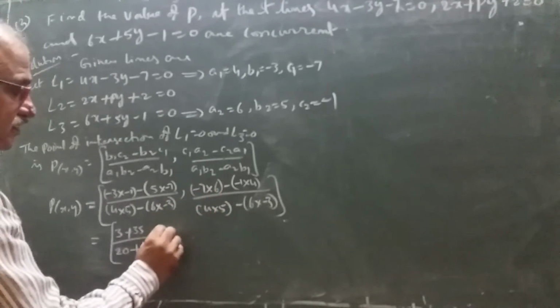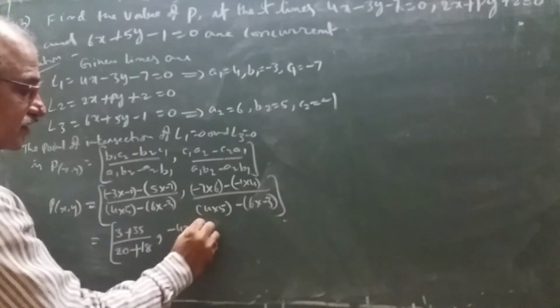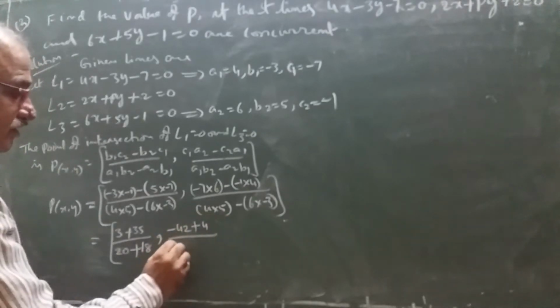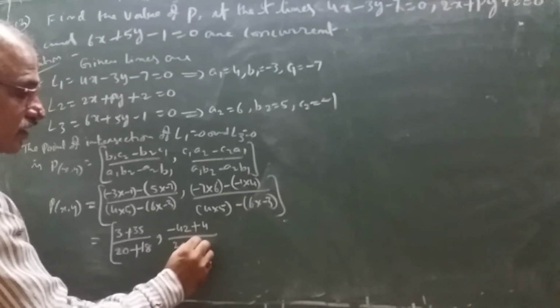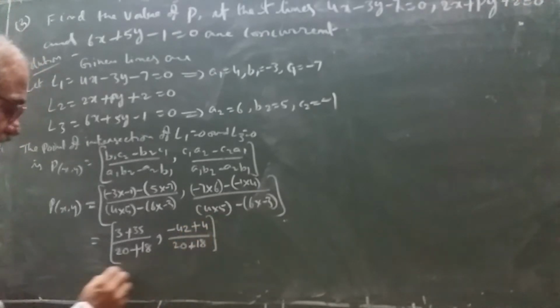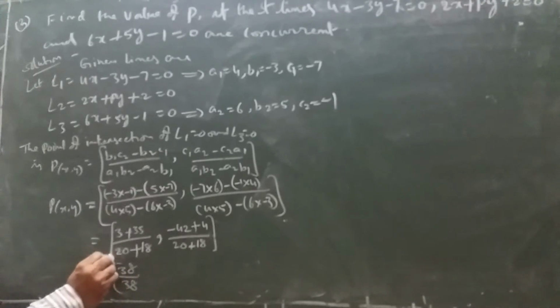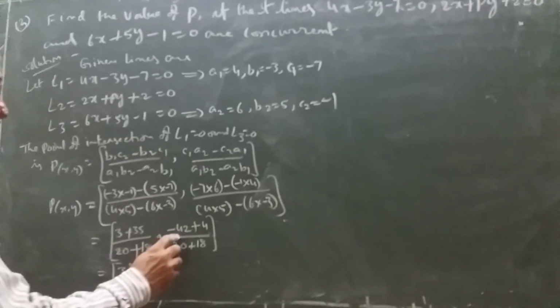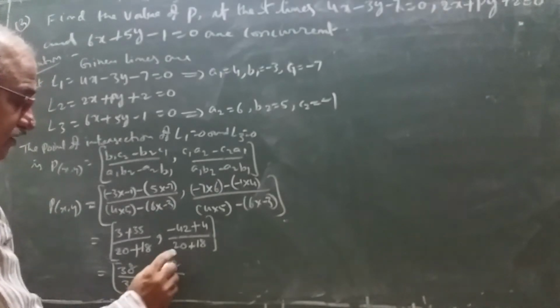Minus 7 into 6 is minus 42. Minus into minus plus 4 ones are 4, 4 fives are 20, minus into minus plus 6 threes are 18. Next, 38 by 20, comma, minus 42 plus 4, that is minus 38 by 20.